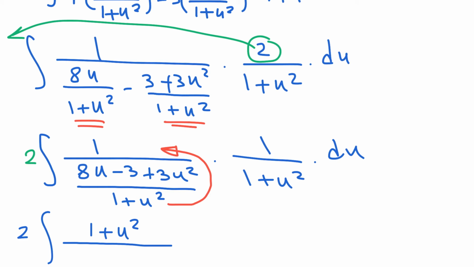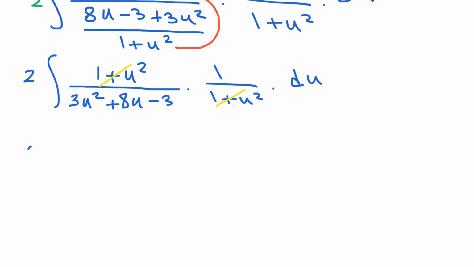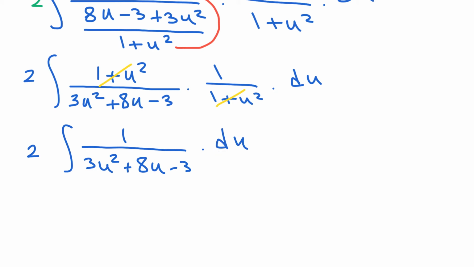So I will write it down: 3u squared plus 8u minus 3, times 1 over 1 plus u squared du. Now I can cross out 1 plus u squared and 1 plus u squared, so it will be 2 times the integral of 1 over 3u to the power of 2 plus 8u minus 3 du.